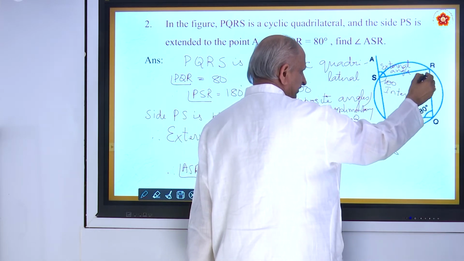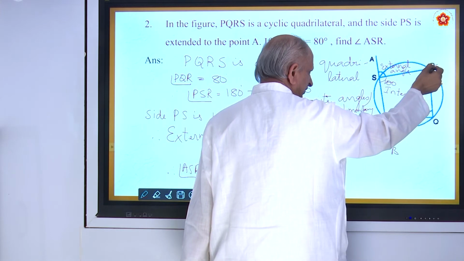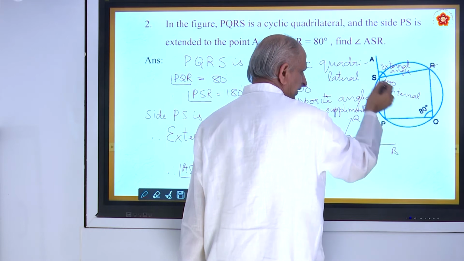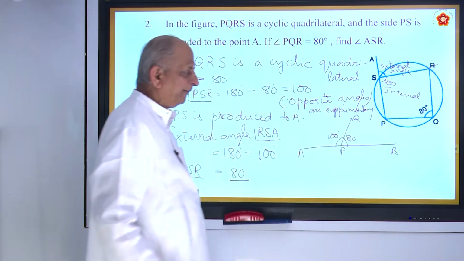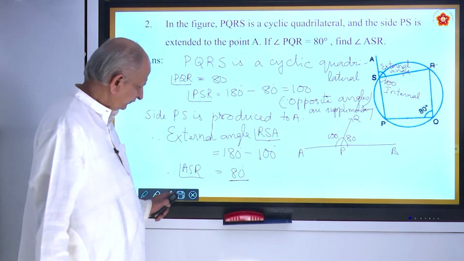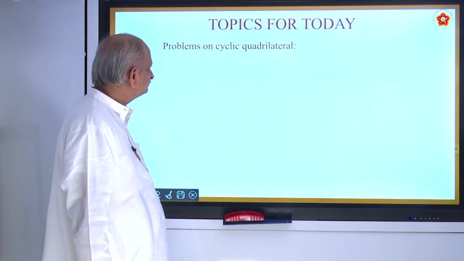For example, if you extend this side, then also you get an external angle. The opposite angle, it will be equal to this. Like that, a very important property of a cyclic quadrilateral. Note it down. Shall we move on to today's topic?